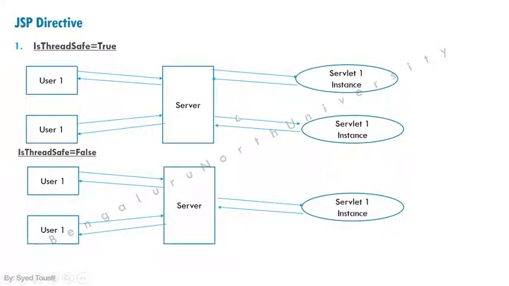If it receives another request, it creates another instance, and this is the mechanism of threading. Even if there are 1000 requests, it will create 1000 instances and start executing the servlet as each comes in. This way it works.